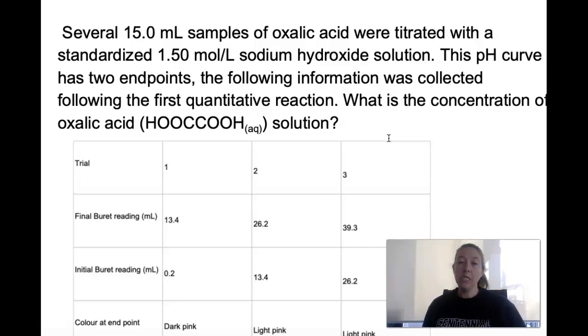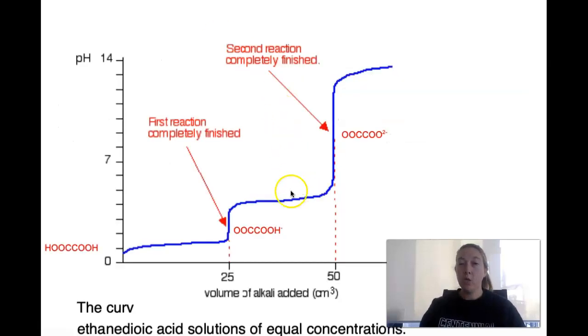And the reason it's going to be different is I need to know, what am I writing an equation for? Am I writing an equation for the first equivalence point, where the HOOCCOOH has turned into OOCCOOH minus, or am I writing one for the second equivalence point, where the HOOCCOOH has turned into the OOCCOO2 minus?